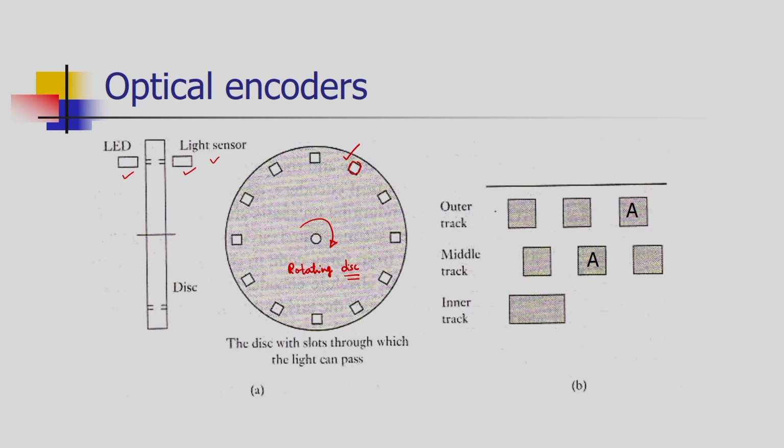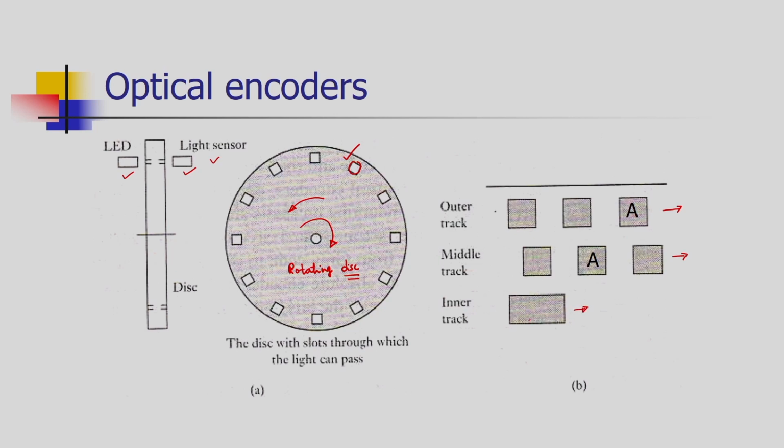Well, here the question comes: what will happen when we want to find out the direction of rotation, whether the disc or the element is rotating in clockwise direction or anti-clockwise direction? For that purpose, three tracks are used: outer track, middle track, and inner track.